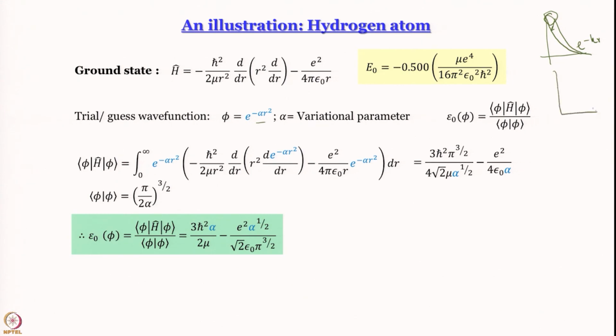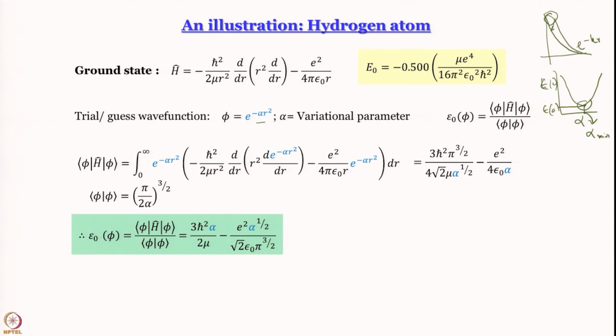Let us say this is the value of epsilon 0 with respect to alpha, and to keep things simple I will just show one minimum. Let us say this here is the plot. I seek to find the value of epsilon 0 at this value of alpha. So, to do that I have to first find this value of alpha where epsilon 0 is minimum.